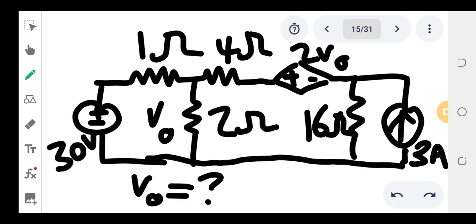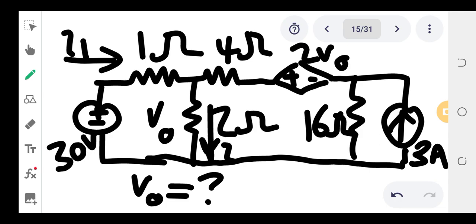In order to determine the value of Vo, first of all, in this circuit, we need to assign the currents. I will assign this current as I1. Then this current here will be my I2. Then here I'm also assigning a current of I3.